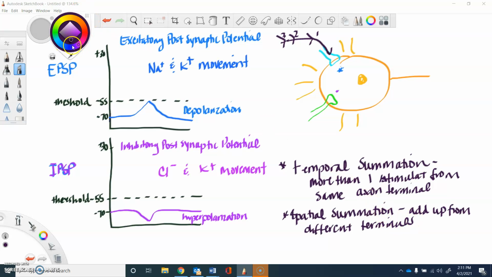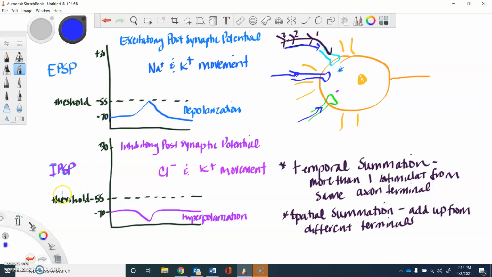So let's say I got an action potential from here and an action potential from here, and let's say there's another one here and an action potential from there. That is spatial summation. Okay, so temporal is just firing the same one over and over. Spatial is adding up the firing of different synapses.